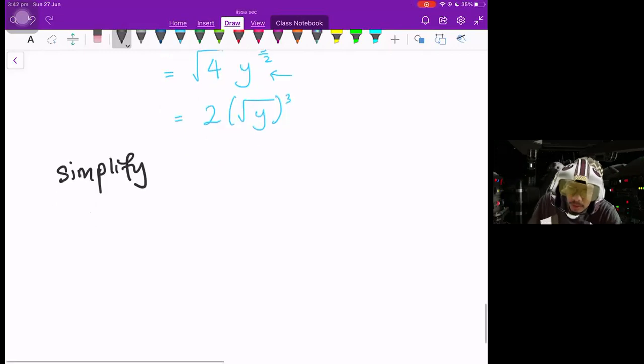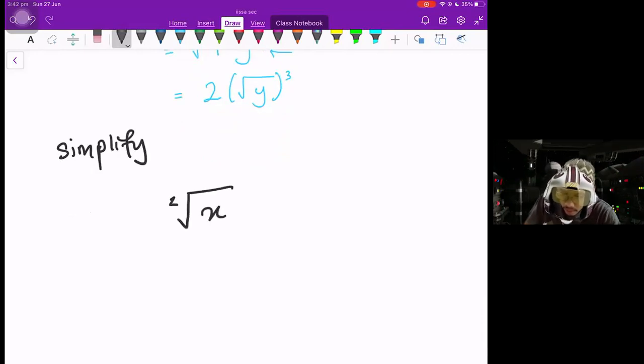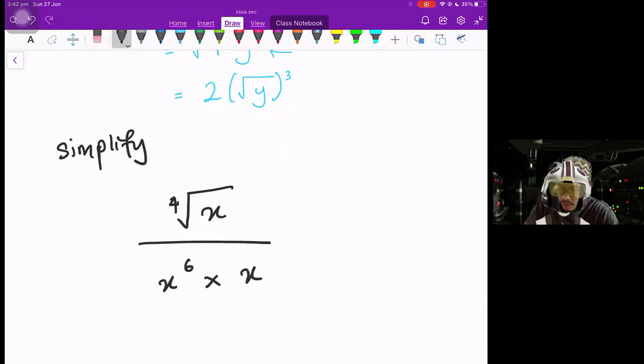Let's say we do x to the power of 4 divided by x to the 6 times x to the negative 3 over 5. So we have a lot of rules to use for this one.